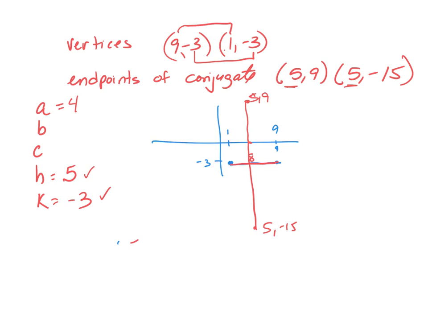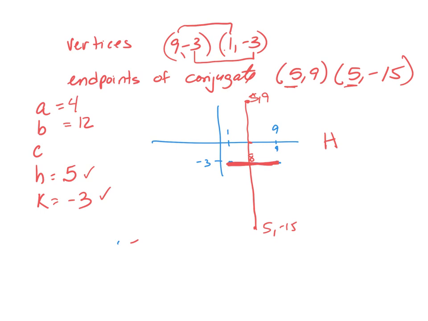You got 9 above and 15 below is 24. So what's half of 24? 12. And if the vertices are this way, it's going to be horizontal, even though this is the long side. Don't get tricked into thinking that the longer side has to be the direction of the hyperbola. You remember that? Don't get tricked.